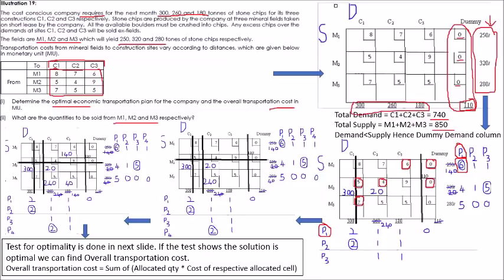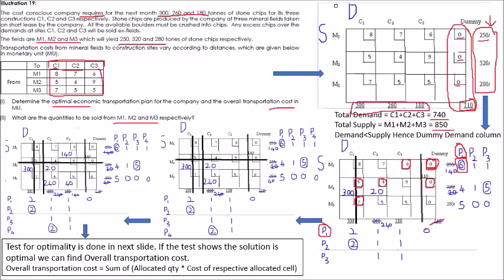Okay, so for this column I have 250 as the demand. Out of the 250 demand, the least cost is 0 in this row, so I am going to allocate as much as possible. Out of 250, 110 is the demand here, so I am cancelling 110 demand.